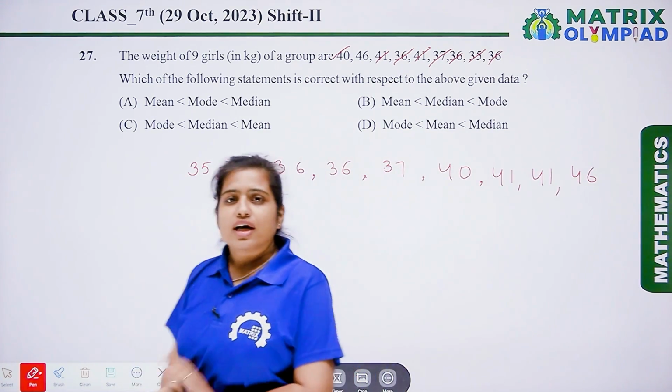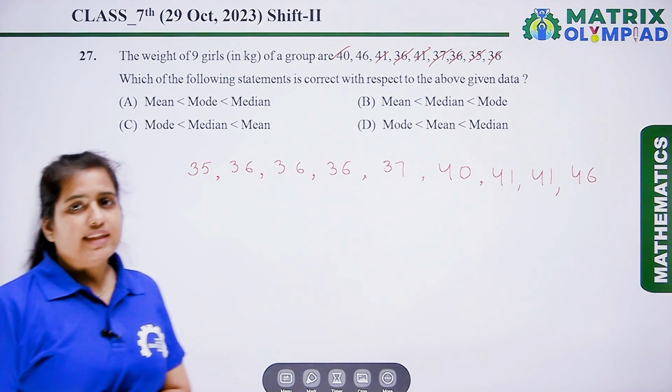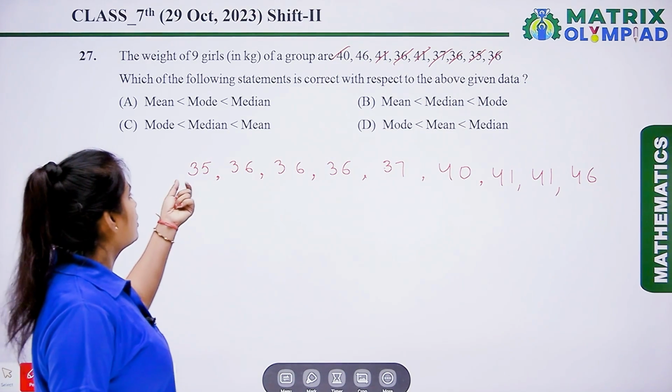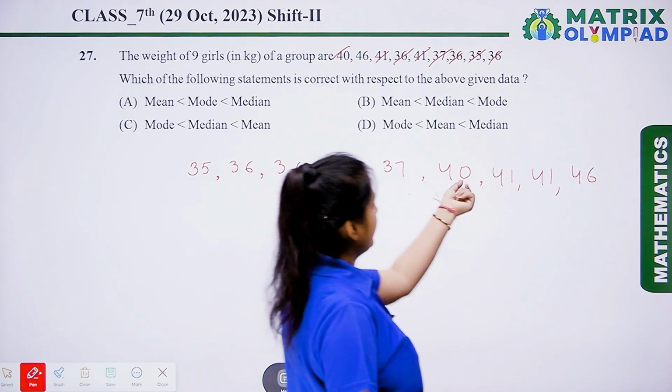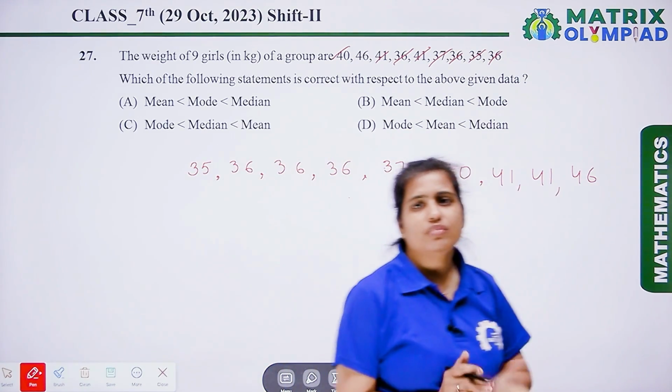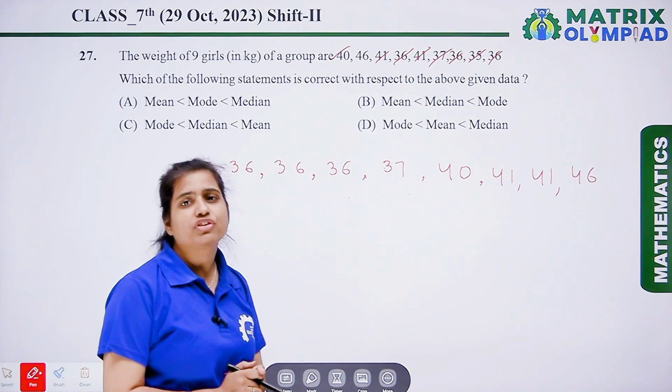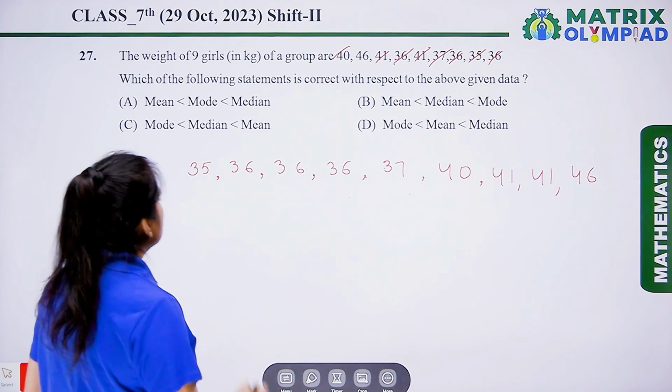Let's count the number of observations we have: 1, 2, 3, 4, 5, 6, 7, 8, 9. So the total number of observations is 9.